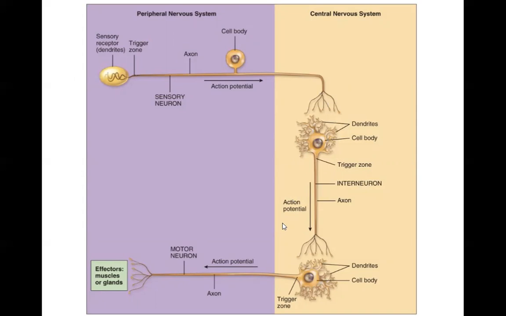Like when we touch something hot, we have to remove our hand from it. Well, we can't remove our hand from it without signaling here to eventually here. The high level thinking, processing takes place here. We provide output here, and the response takes place thanks to the effectors.